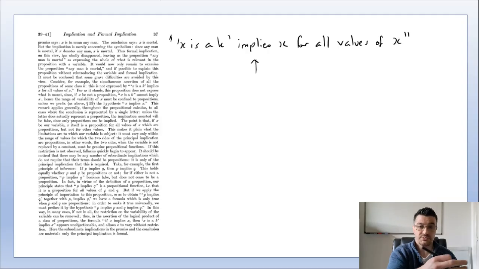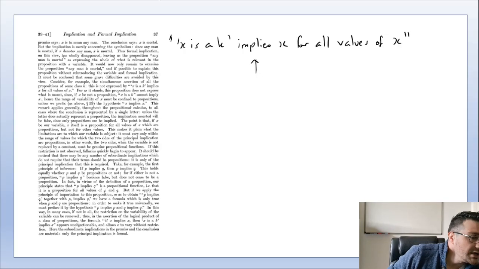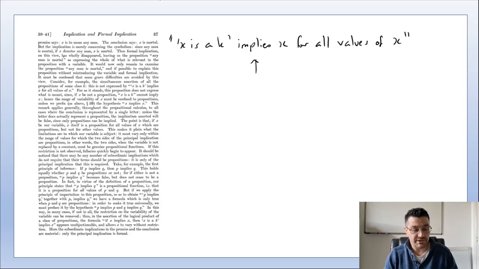So if I replace X with, I don't know, what did I say earlier? A coffee cup, right? So a coffee cup is a K, which is false, implies a coffee cup, or this coffee cup, whatever. So X is a K implies X. In that case, if X is this coffee cup, then that implication will be false, even though X is a K is a proposition.